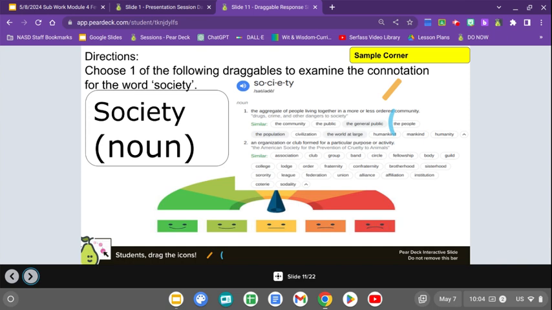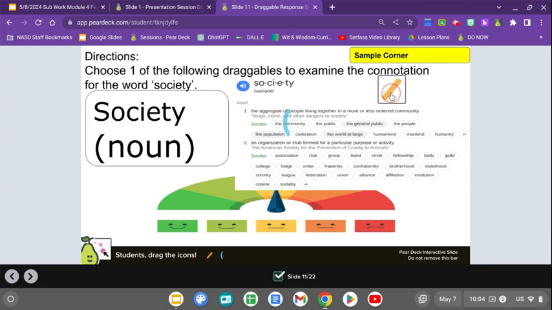So please take a moment and find a word that seems similar to the word society in the list of similar words and phrases. Please take a moment to do so now. Me, I'm going to put the community.